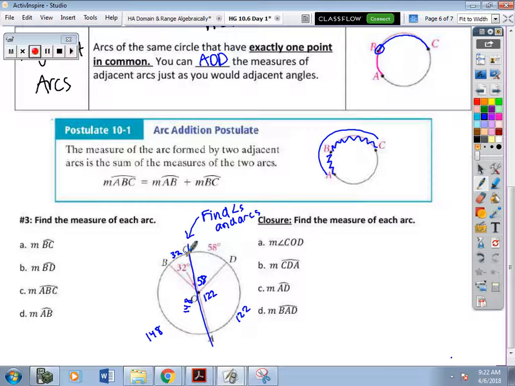So arc BC, we already see it's 32. Measure of arc BD. How big would BD be? Luke? It would be 90. 32 plus 58.